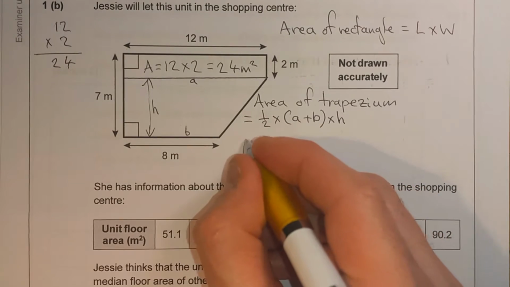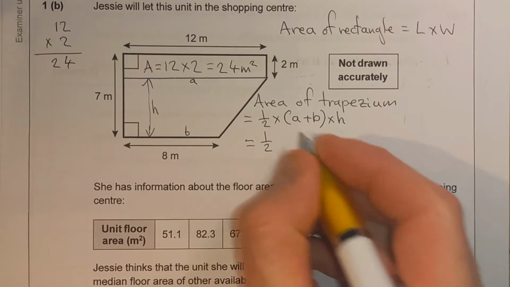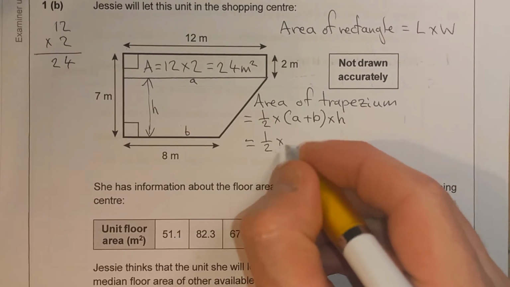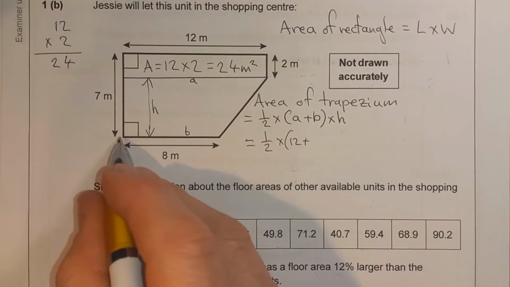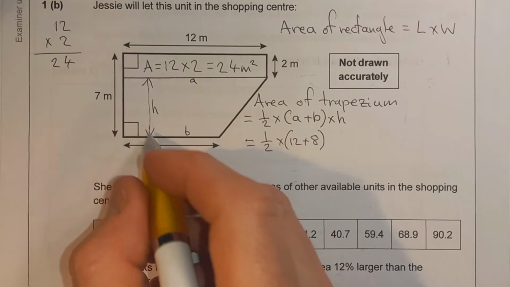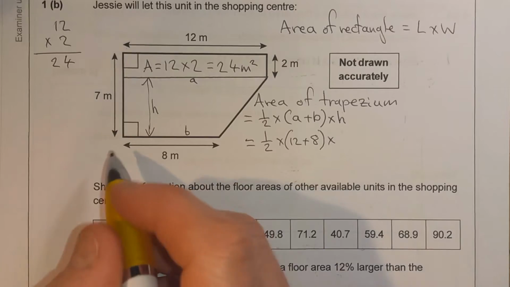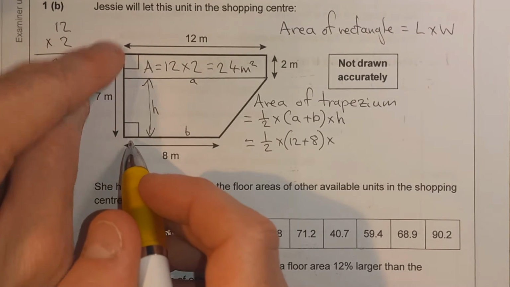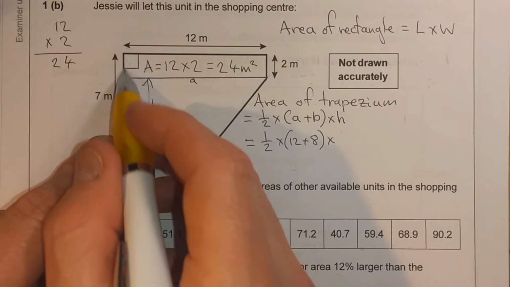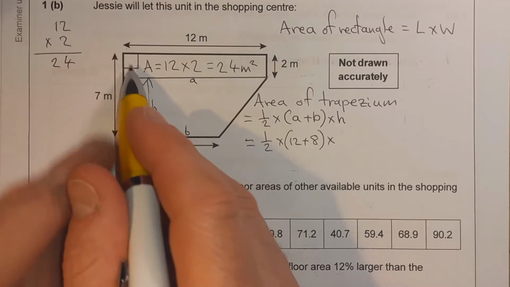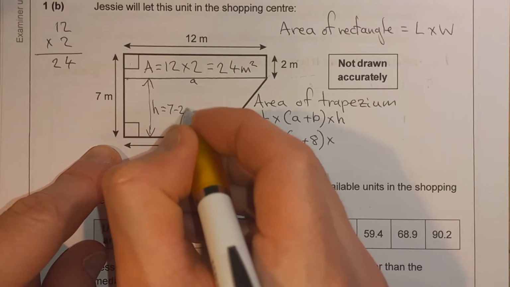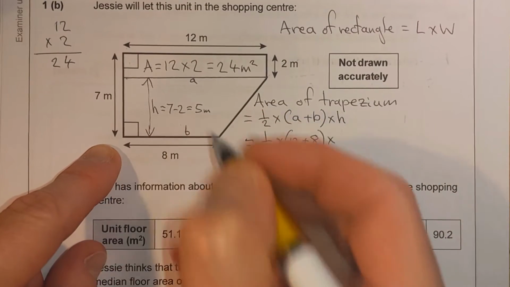So it's going to be a half times A plus B. We know this is 12 metres across, and B, the bottom, is 8. And the height, well, we know that all of this is 7 metres. This top bit here is 2 metres. So 7 minus 2 gives us that this must be 5 metres.